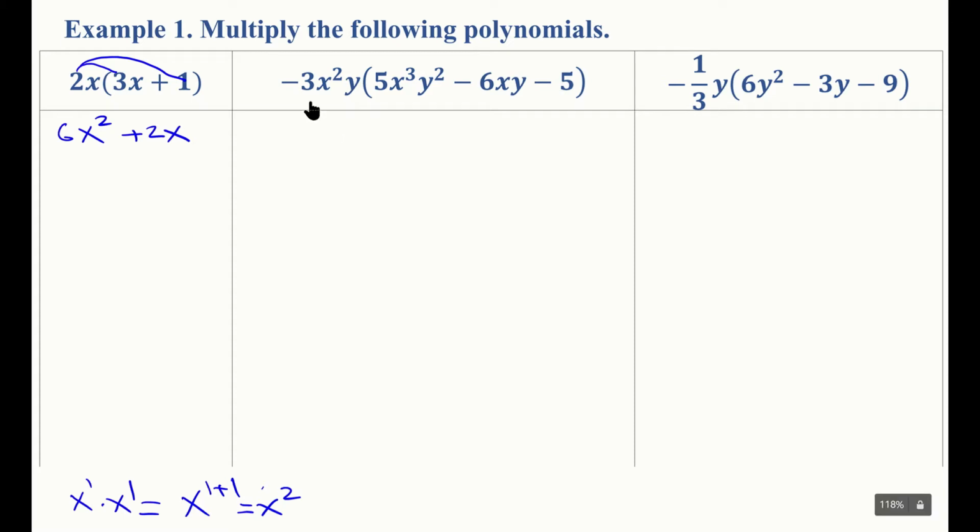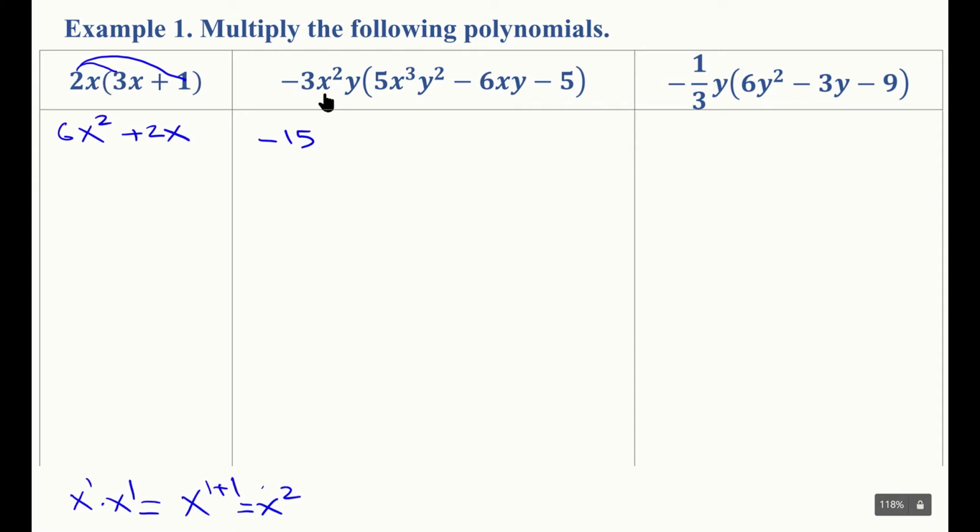Here we're going to be distributing this negative 3x squared y into that group of terms, and we want to be careful when we distribute a negative number. Here we have negative 3 times positive 5, so that's going to give us a negative 15.